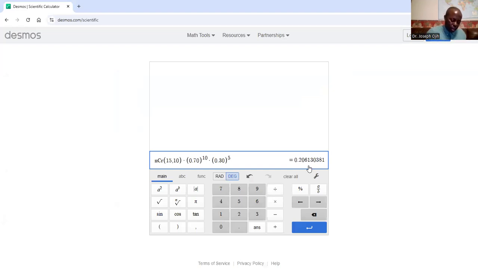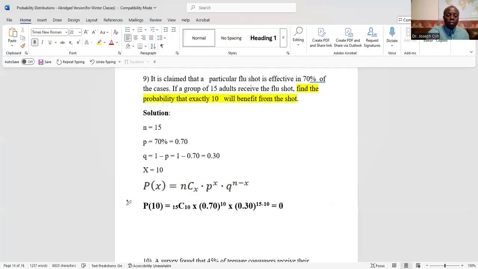So I can say that there is a 20.6% chance that exactly 10 people will benefit from the flu shot.